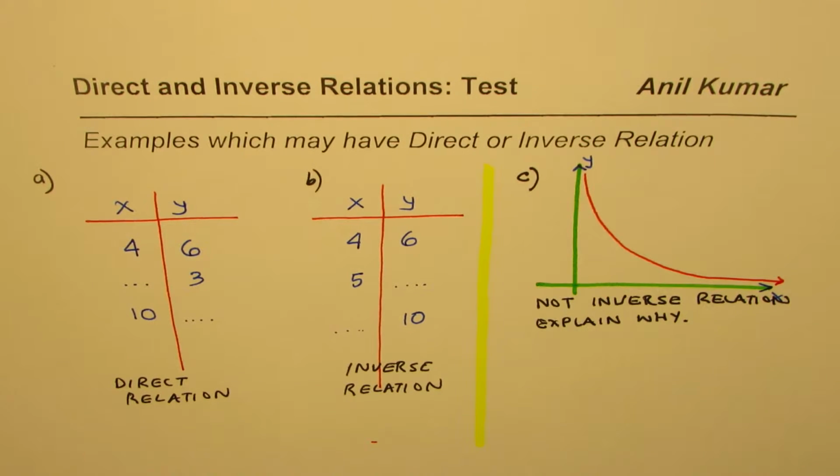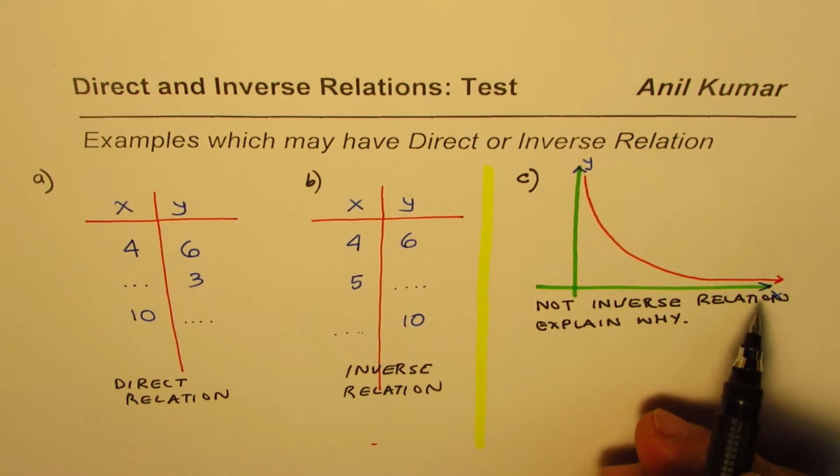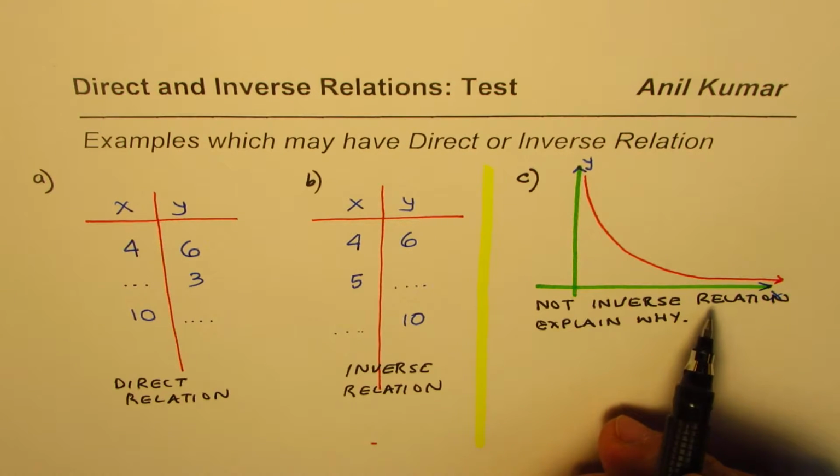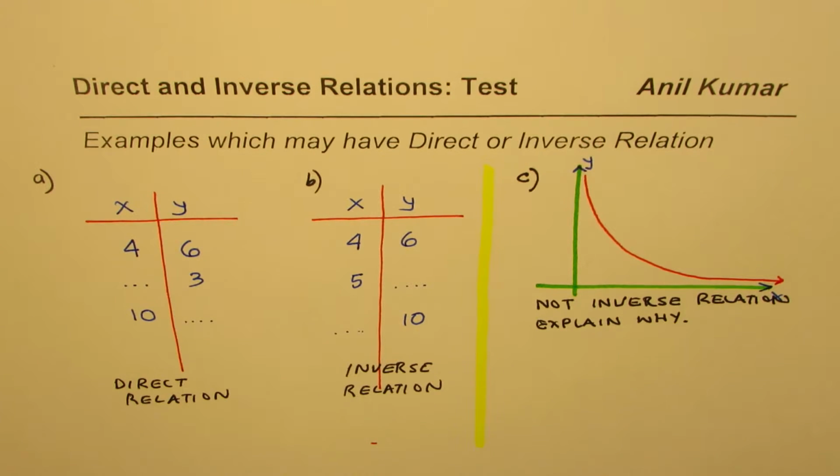Explain why it is not an inverse relation. I'm not giving you any values, but I'm telling you this is not an inverse relation. You need to justify that it is not an inverse relation. Okay, so that's your question.